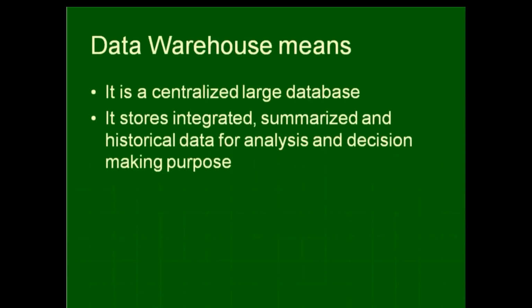After installing RDBMS software like SQL Server or Oracle, you open it and create a database, and within the database you store the historical data. So a data warehouse is a large database where you store data coming from different sources.